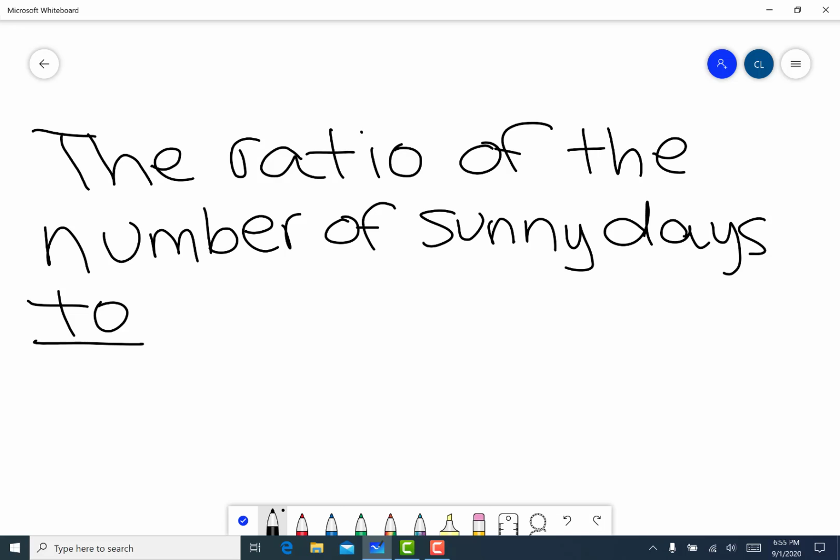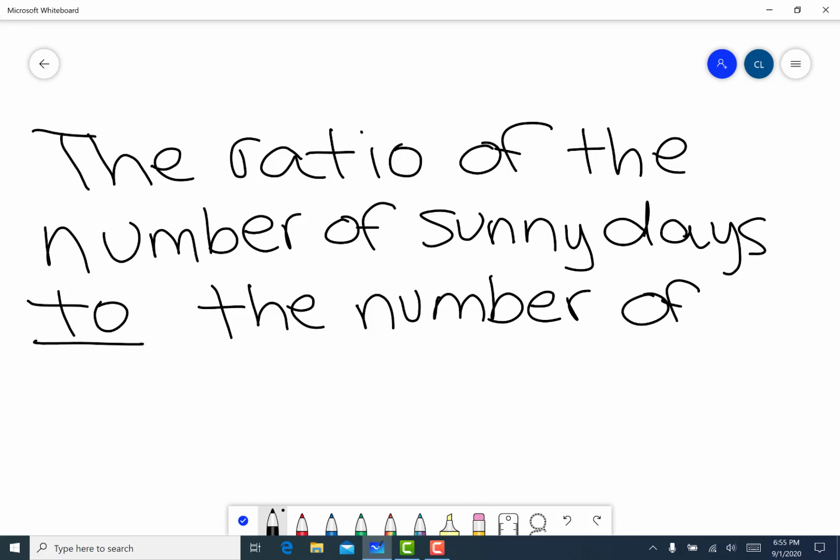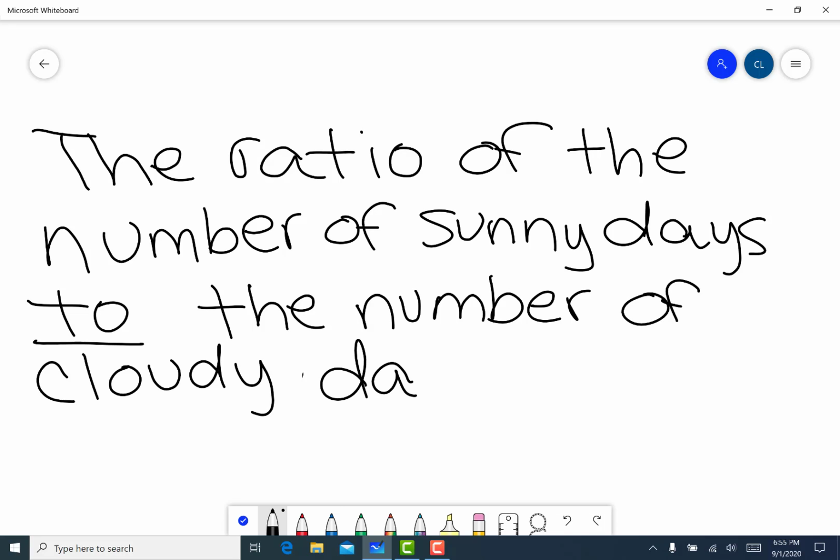All right, so to the number of cloudy days is 3-to-1.